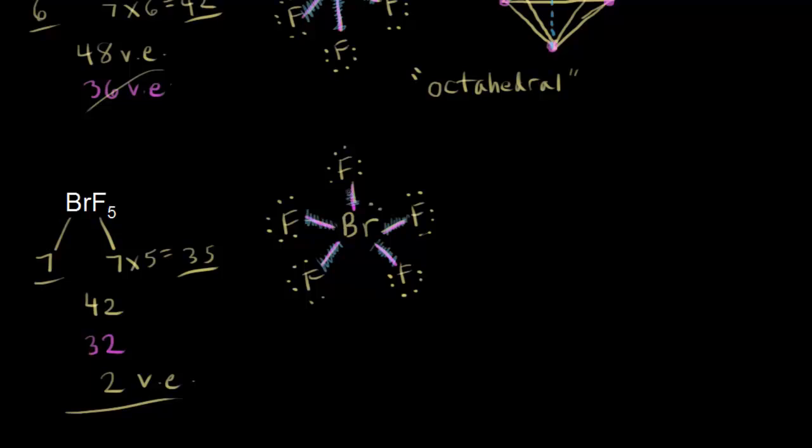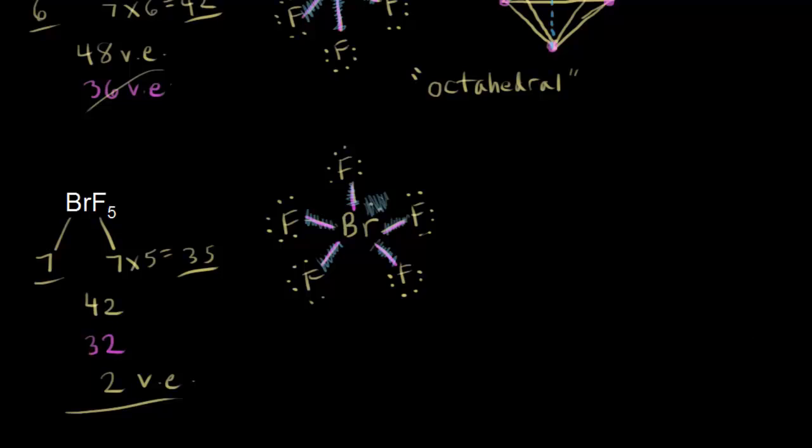Those are all electron clouds, so that's 5. And then remember, this lone pair of non-bonding electrons is also a region of electron density. And so we have 6 electron clouds. As we just saw in the previous example, when you have 6 electron clouds, they are going to want to point towards the corners of a regular octahedron. So you're going to get an octahedral geometry for your electron clouds.